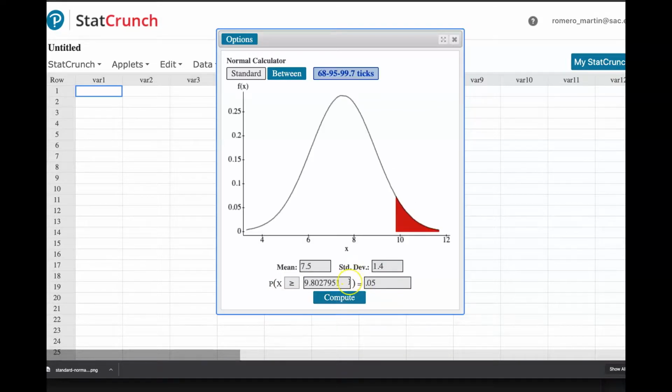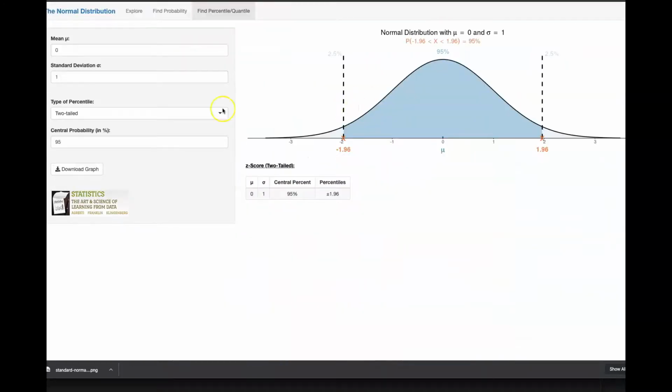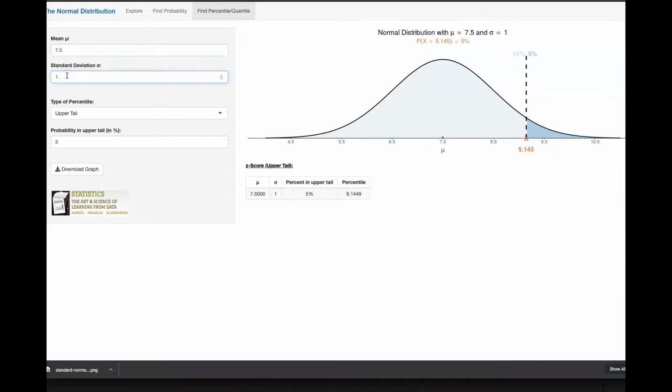Compute, and you get your 9.802 answer. Here we want the upper tail, or right tail, 5%, with 7.5 and 1.4, and again there's your 9.803 that we get.